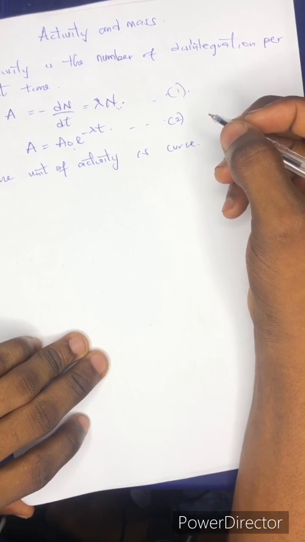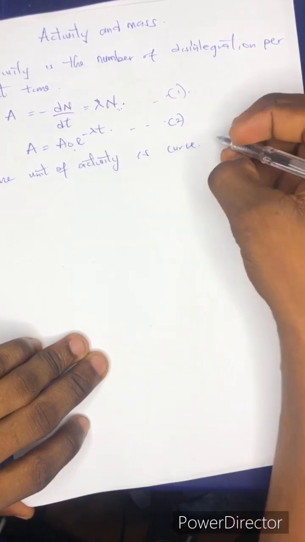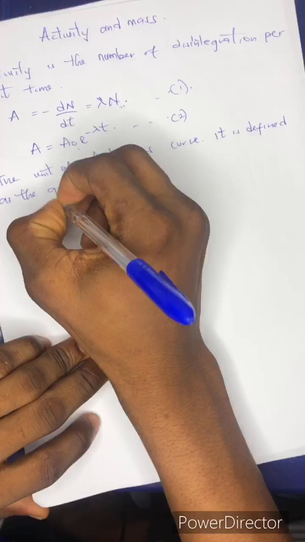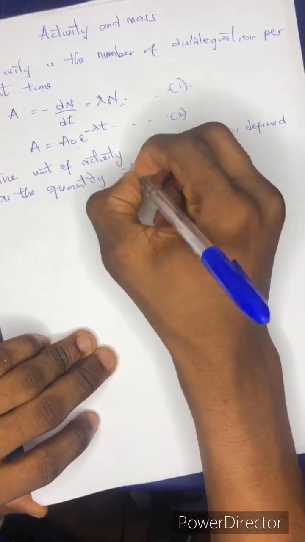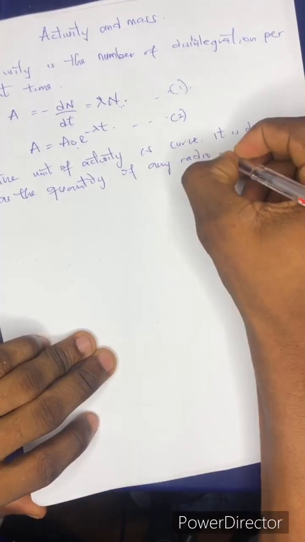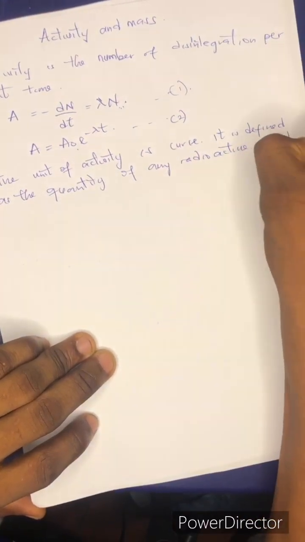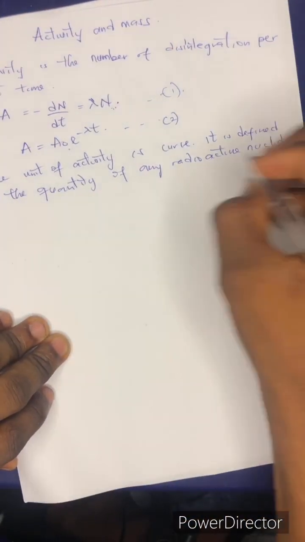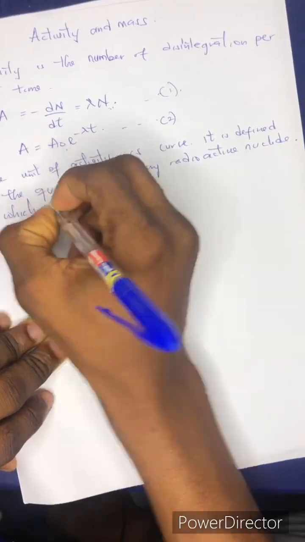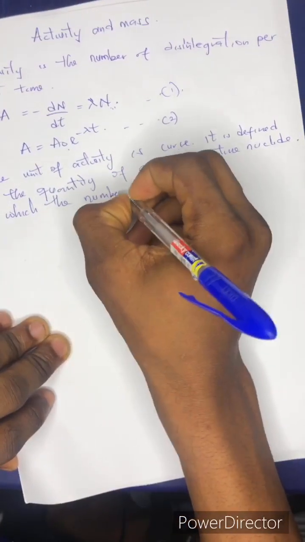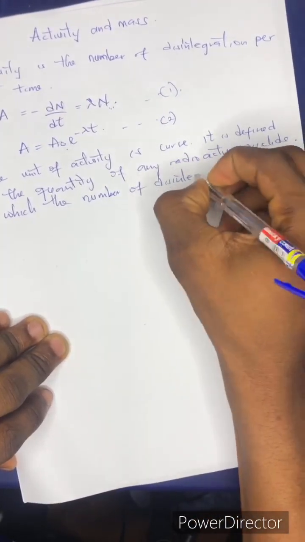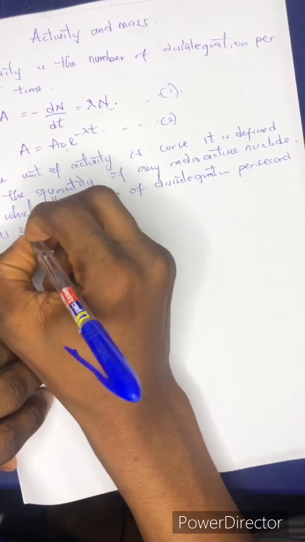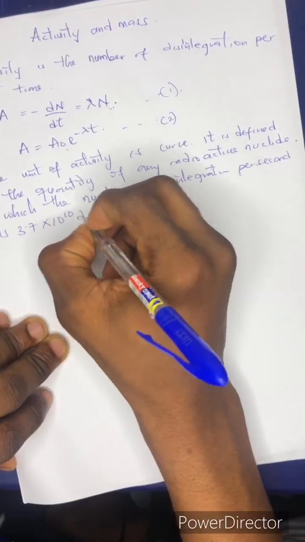It is defined as the quantity of any radioactive nuclide in which the number of disintegration per second is 3.7 times 10 raised to the power 10 disintegration per second.